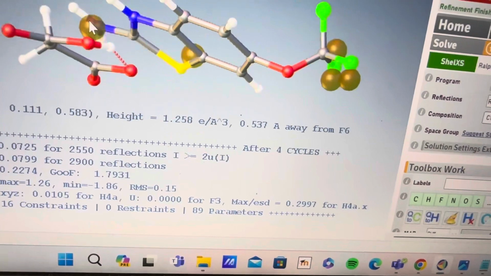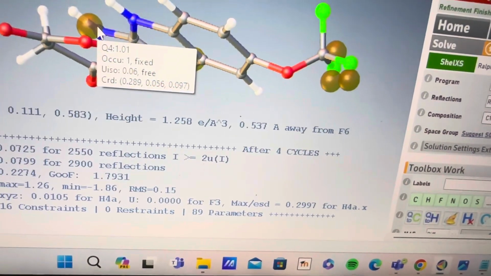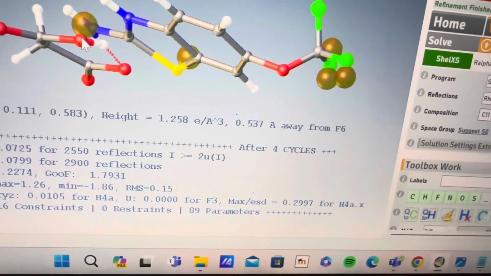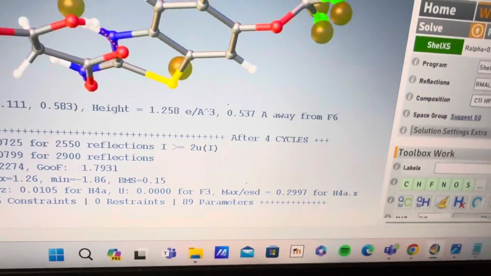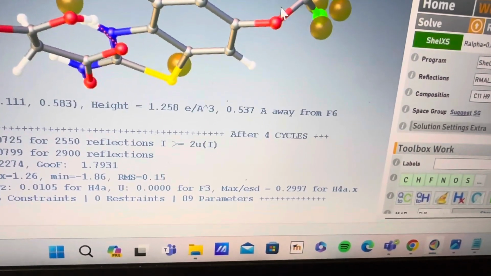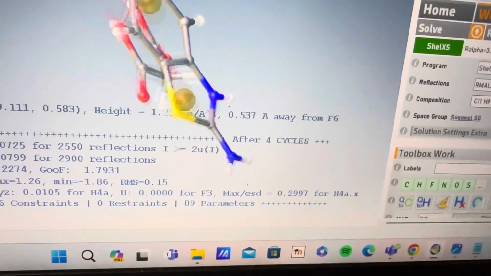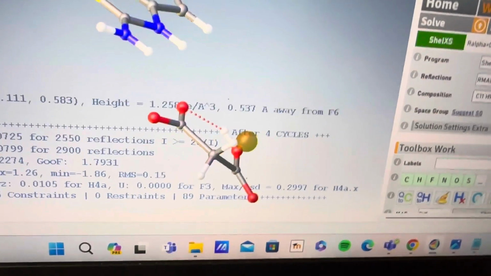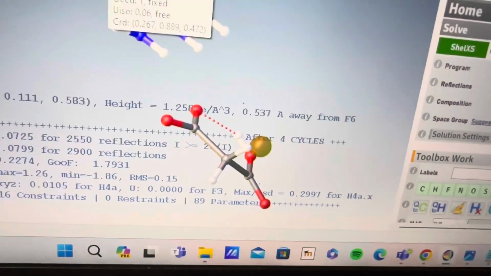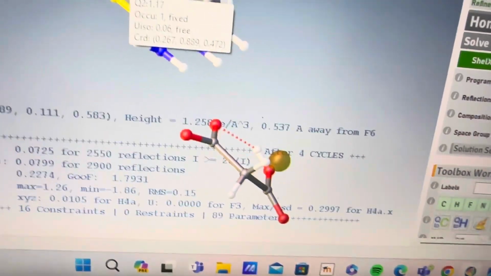Now this particular blob here may represent the lone pair that's present over the oxygen atom. These as well should represent lone pairs present on the chlorine atoms, and this one here must represent the lone pair present on the sulfur atom.